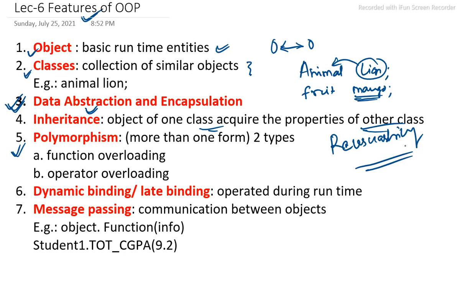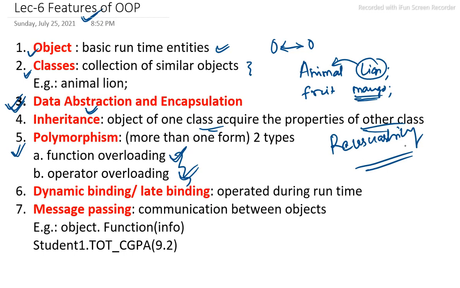It is the ability to take more than one form. For example, if arithmetic is a function, that function may calculate the addition of two variables, or it may calculate the multiplication of two variables. The same function will act differently. Polymorphism is basically of two types: function overloading and operator overloading.